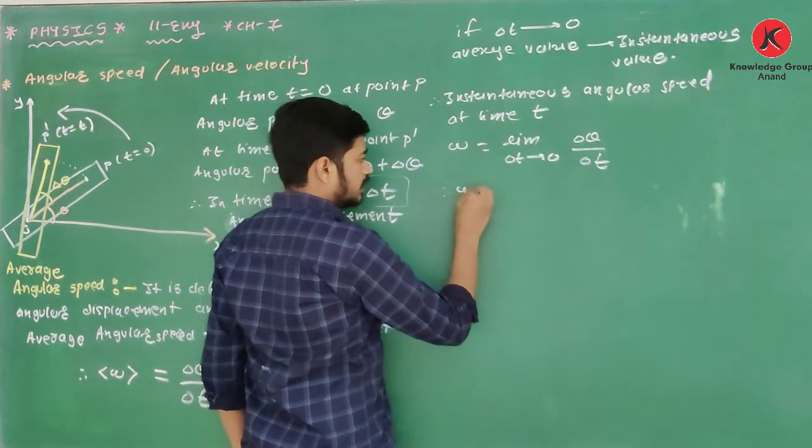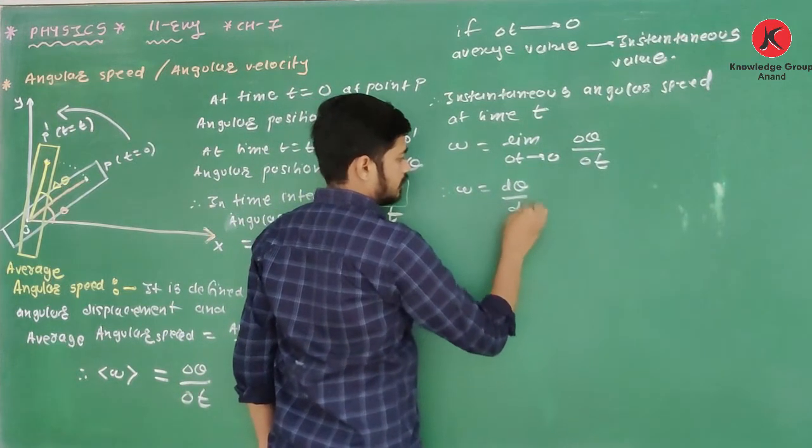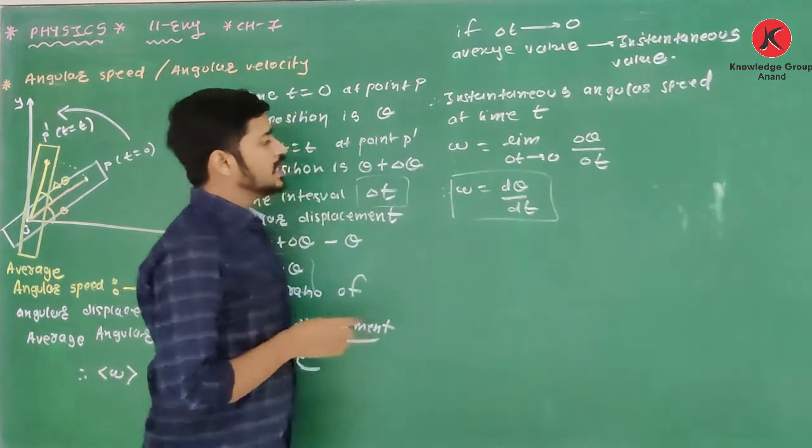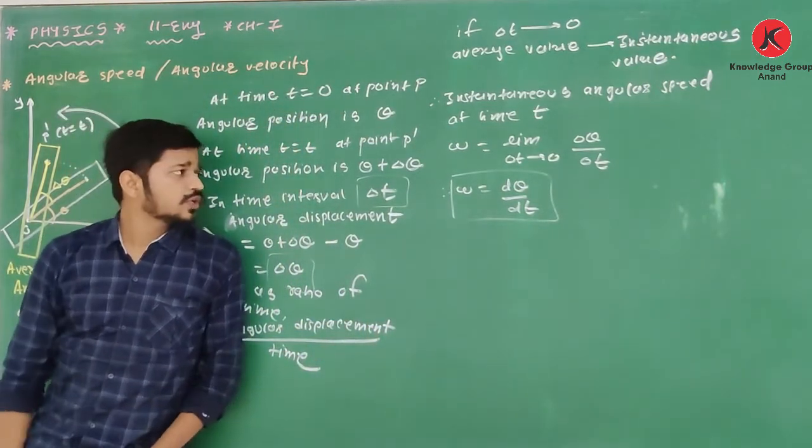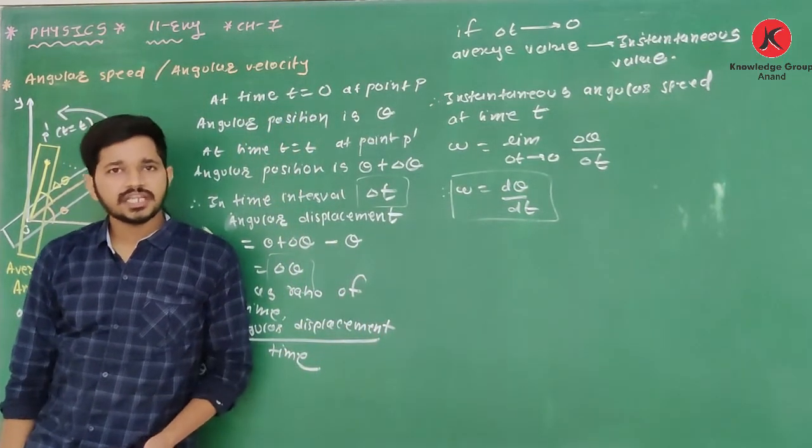So omega equals d theta upon dt. This is the equation of instantaneous angular speed.